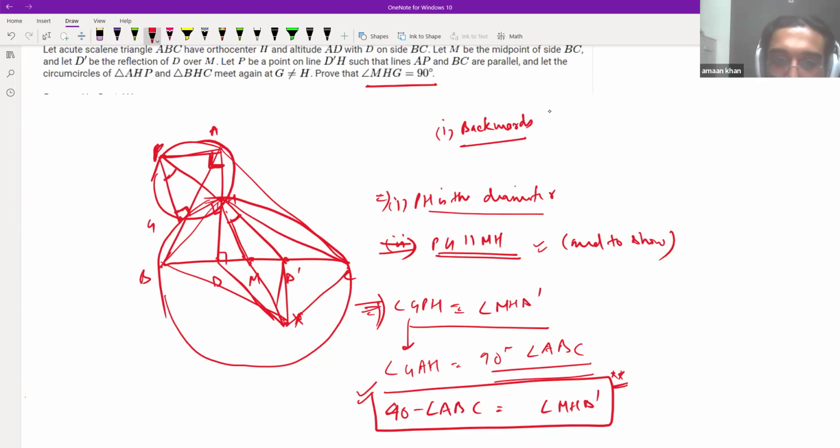Because M is the midpoint of HX and of BC. So I'll just write it here: X is the reflection of H in M, so BHCX is a parallelogram.